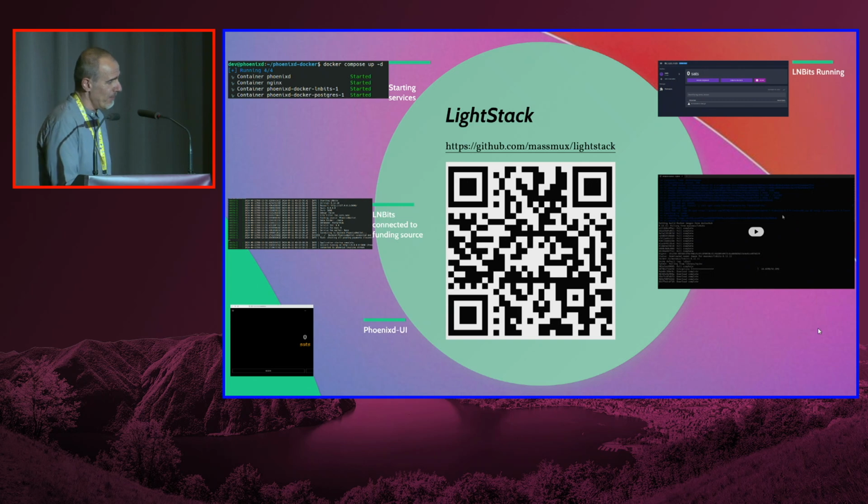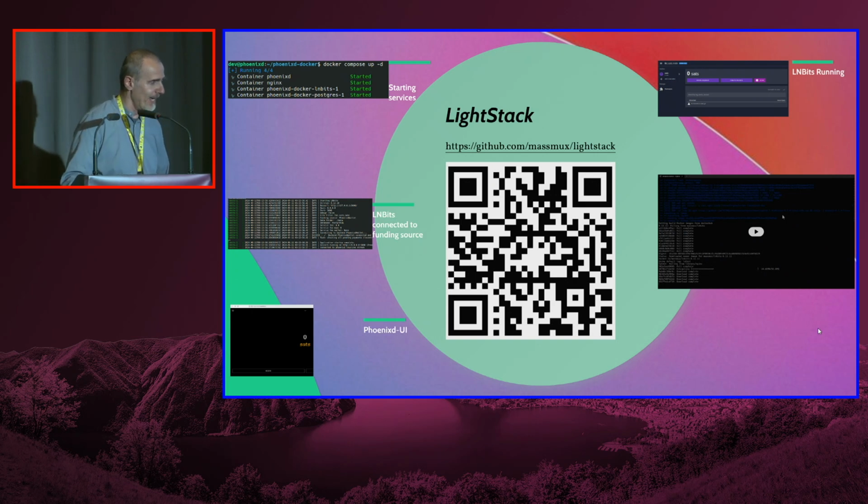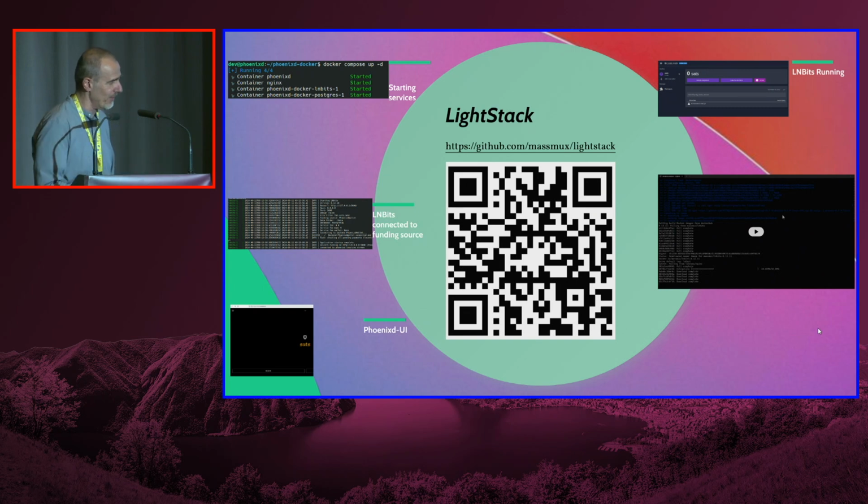Having a node is great for anyone who wants to be self-sovereign. So setting up a node quickly and easily is very, very important. And this is why we started to create this stack. This is Light Stack. It is a new open source project where the goal is to create a script that makes it possible to run your node in seconds.